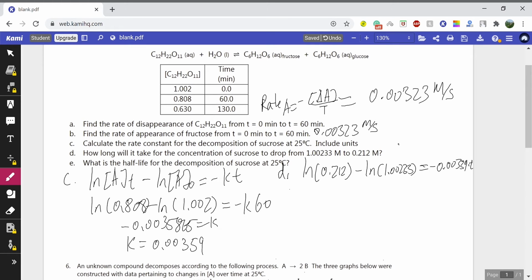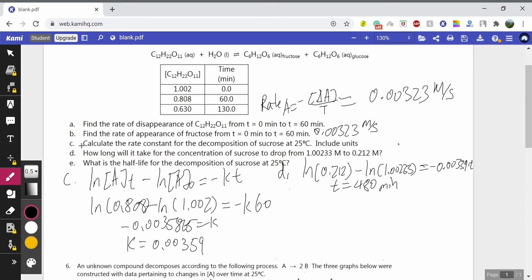So ln of 0.212 minus ln of 1.002, divided by negative 0.00359, gives me 480. So time will be 480, and our unit here is minutes, so this will be minutes.